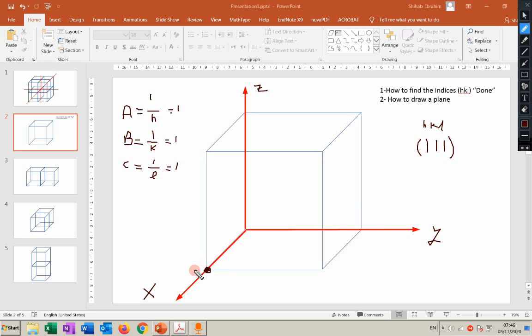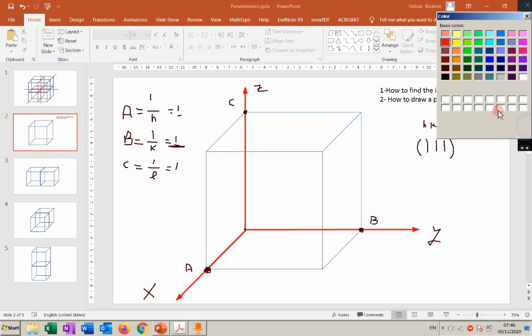This is A. Intercept with the y-axis, expressed by B, equals 1, so at the corner again, this is the location of B. Remember, B is only one value representing the distance on the y-axis. It's 1 on the y-axis, 1 on the x-axis, 1 on the z-axis. So this is the origin for us, and this is the location of the intercept with the z-axis.